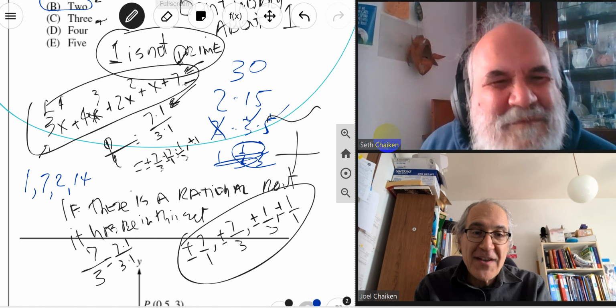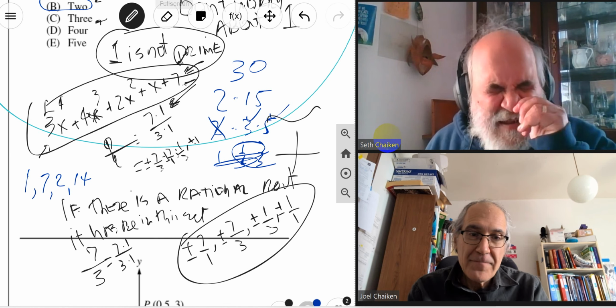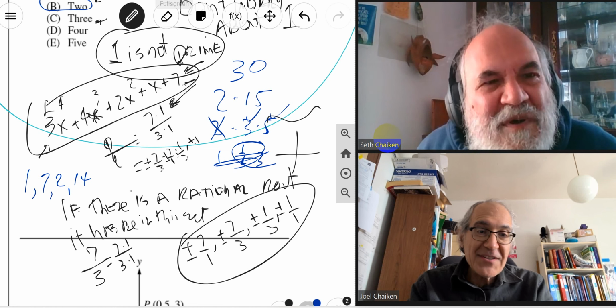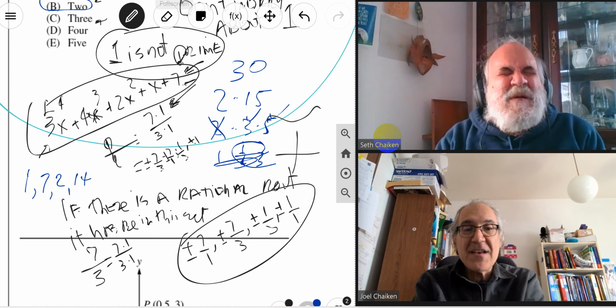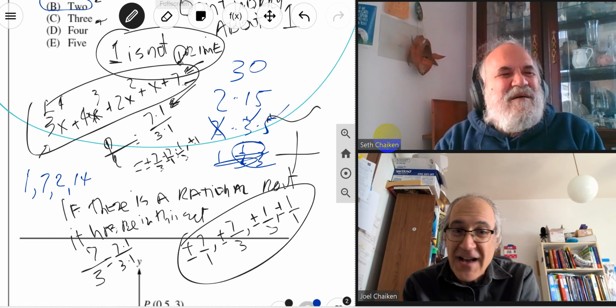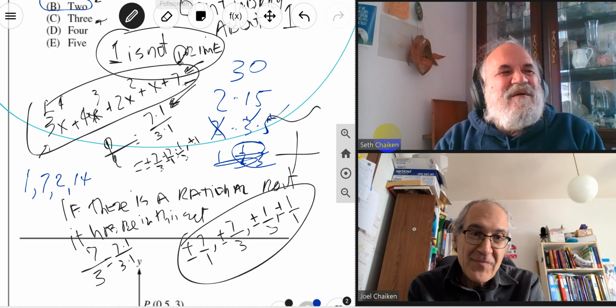At the 11th grade level, it doesn't matter. But if you're a fancy Nobel Prize winning mathematician, you're not going to say that. You're going to have to say divisors, right?